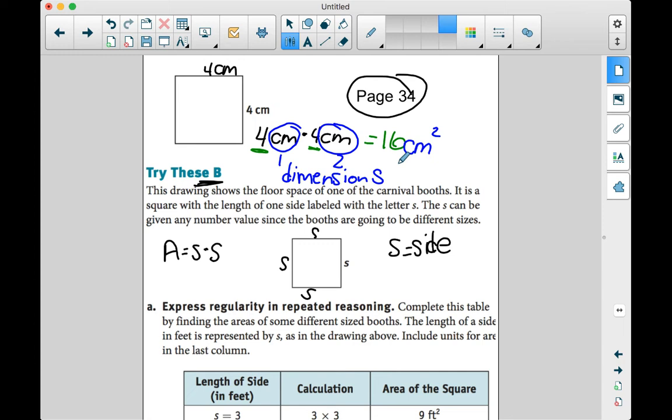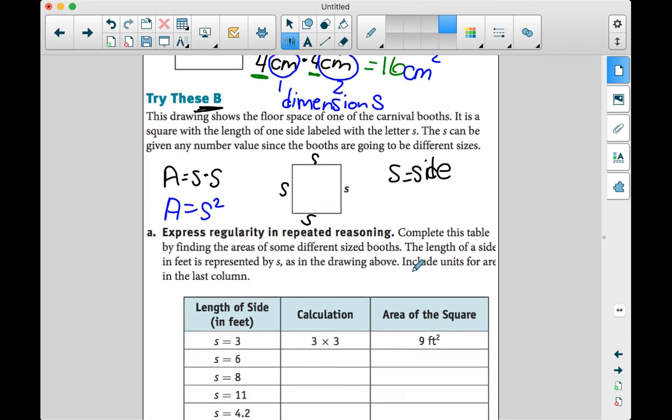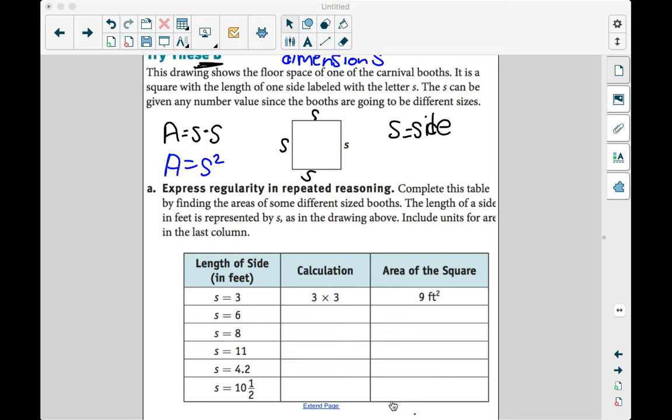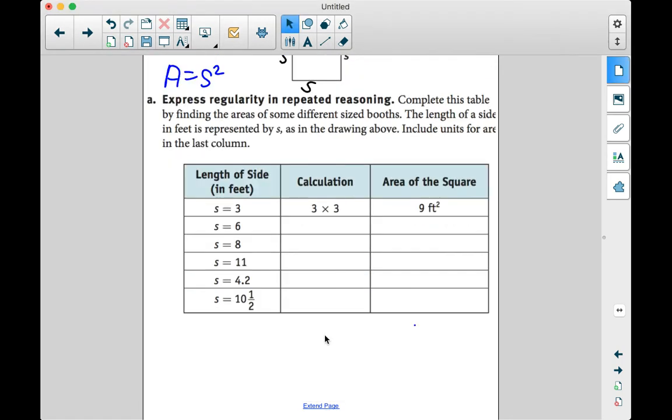Okay, so here my area equals side times side, so I could write that as side squared, again because there are 2 dimensions. Now I'm going to scroll down to letter A, and within letter A, I'm going to complete this table.